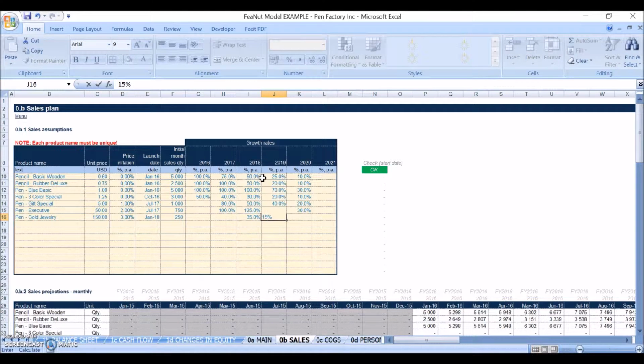Then that will accelerate to 150, and then it will slow down to 90%. So basically, this is all we need for our sales plan in Feanut Financial Model.